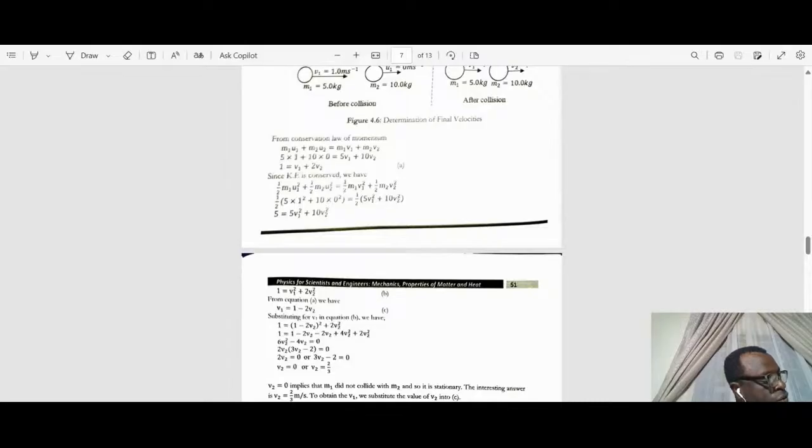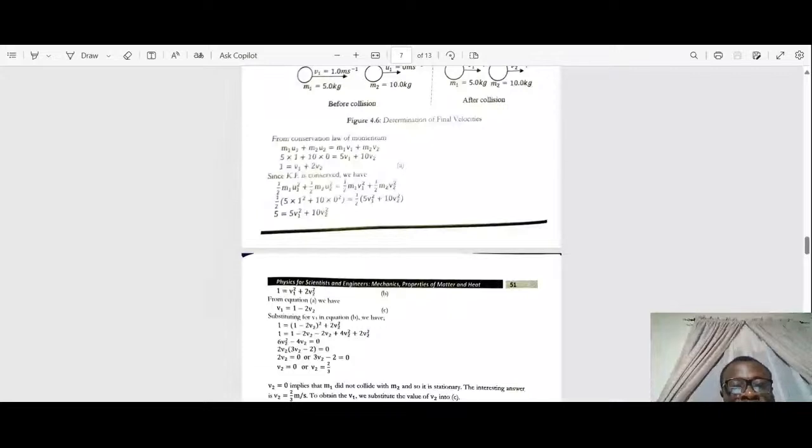If you take 2V2 across, it becomes minus, and V1 will be equal to 1 minus 2V2. And this is what we're now calling equation C. So if you now substitute equation C into equation B.